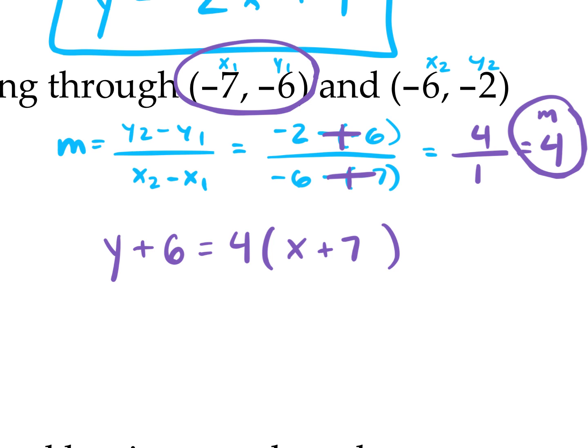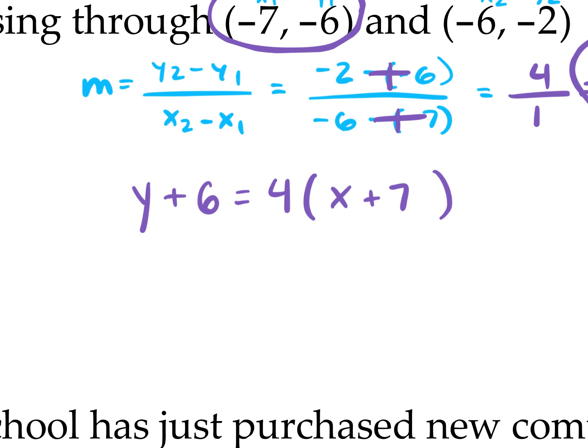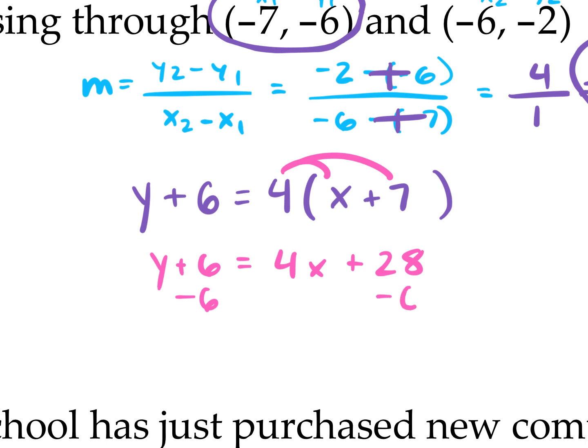Now the question's asking for slope-intercept form, so it has to be in the form of y equals mx plus b. So what should I do next? Distribute the 4. So we have y plus 6 is equal to 4x plus 28. What would we do next? Subtract 6. So y is equal to 4x plus 22.